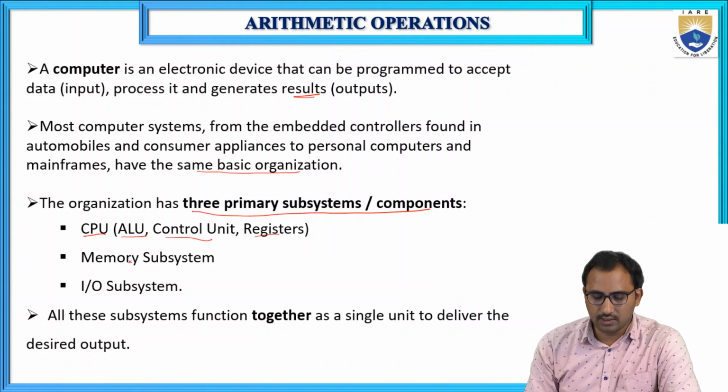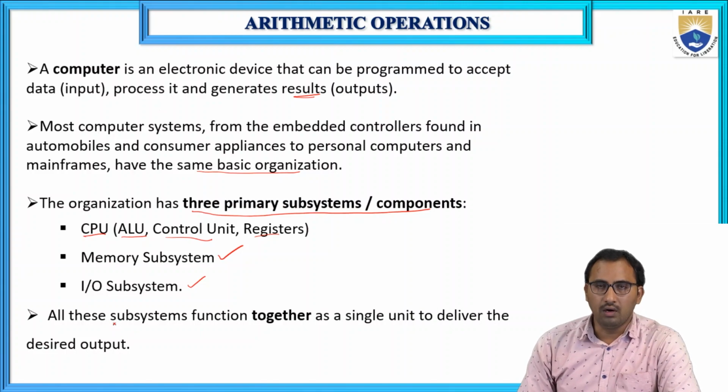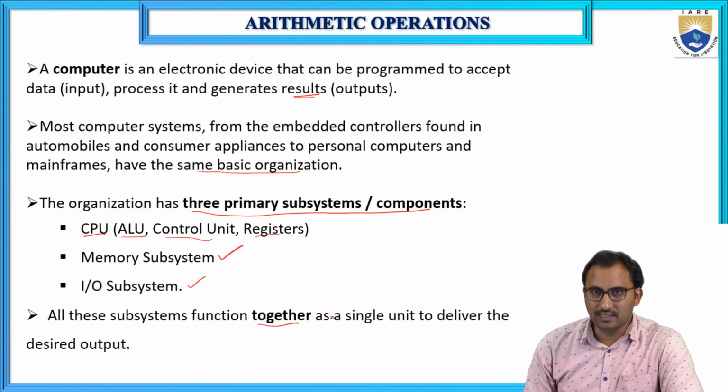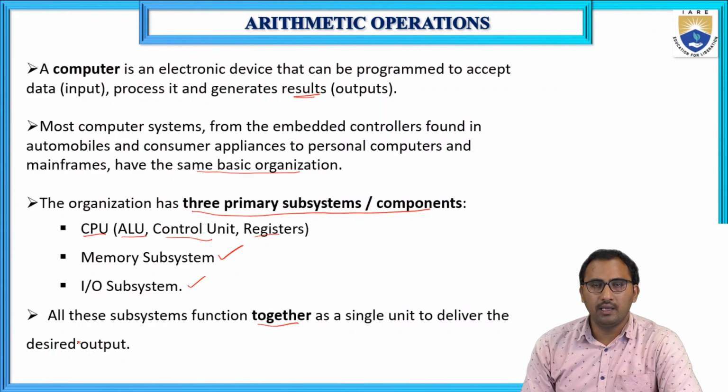The second subsystem is the memory subsystem, and the third one is the I/O subsystem. We will see the operation of all these subsystems in the further slides. All these subsystems function together as a single unit to deliver the desired output, so that the required functionality of the computer can be achieved.